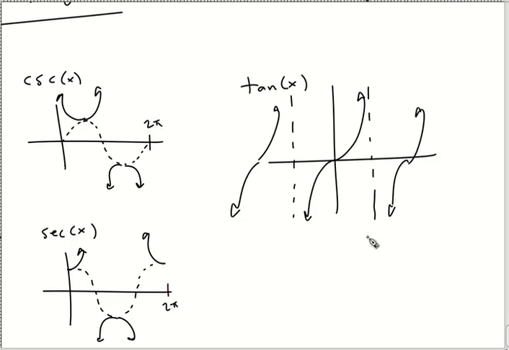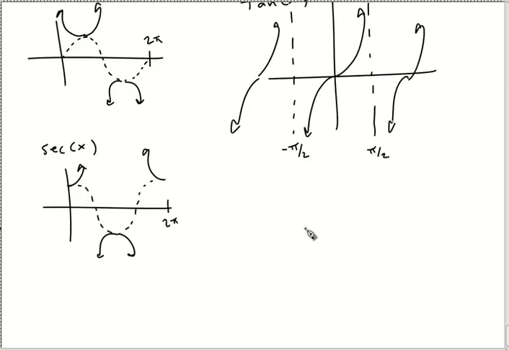But here, it's positive pi over 2 and negative pi over 2. And so what we have here is a period that's equal to pi. That's different. We're used to 2 pi normally.